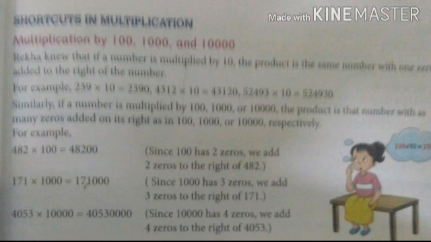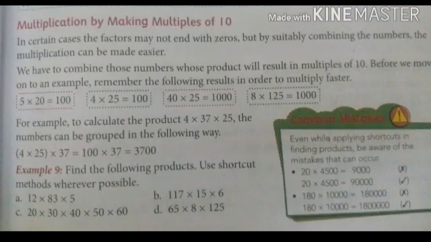So whenever 100, 1000, 10,000 and so on are given, write the same number. 100 means add two zeros, 1000 means add three zeros, 10,000 means add four zeros.